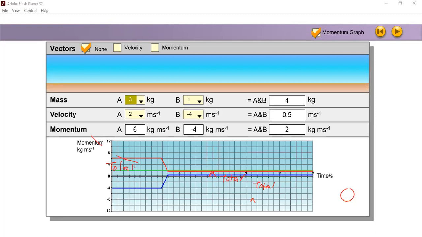So that means we say the kinetic energy is not conserved for inelastic collision. Now we can make a conclusion.